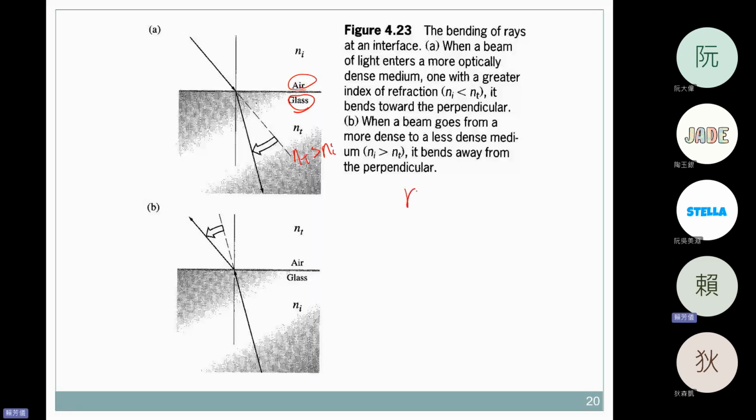Okay, so from the law of refraction, we always say it is Snell's law.